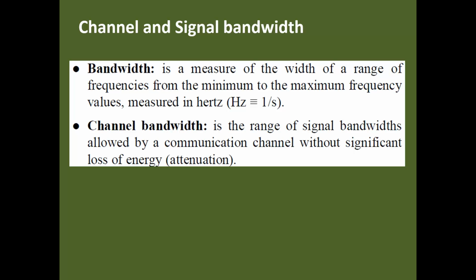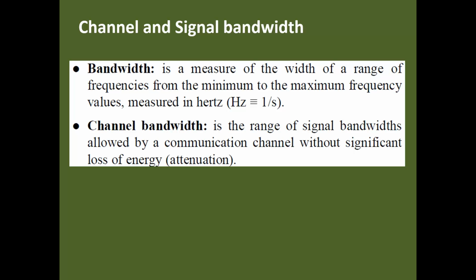Once the signal level reaches 0.707 of the original strength, you will get two points, two cutoff frequencies. One is the lower cutoff frequency of your desired band, the other will be the upper cutoff frequency of your desired band, and that range will be called the bandwidth.